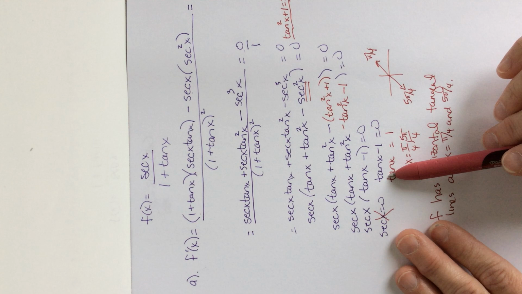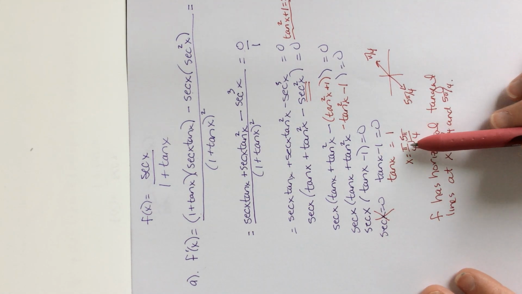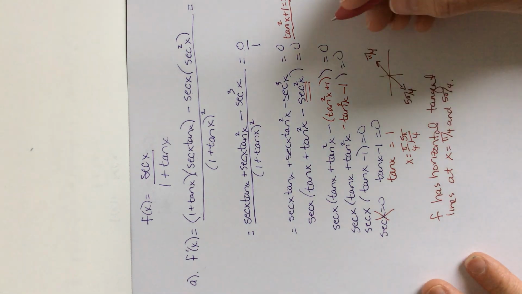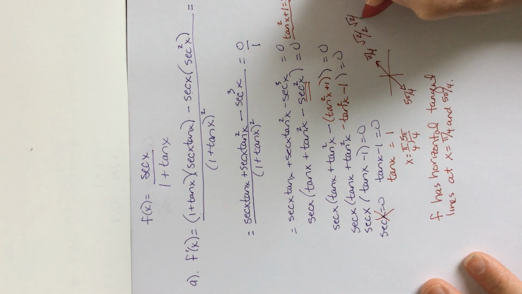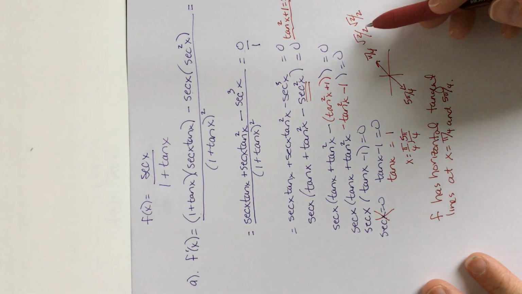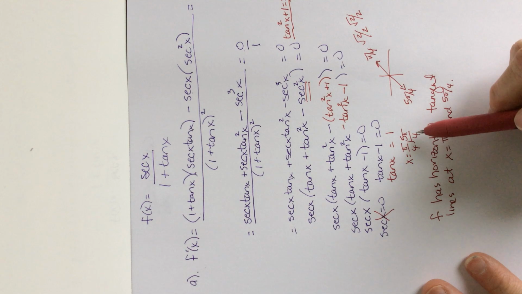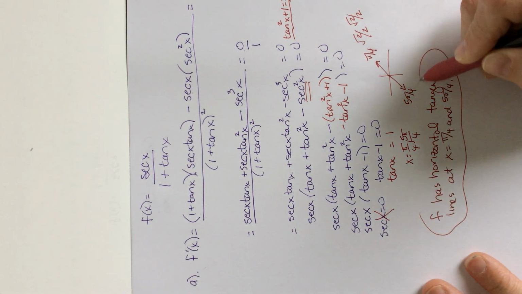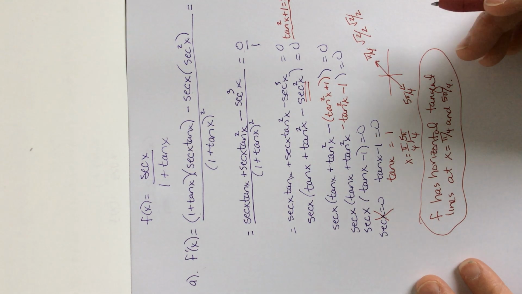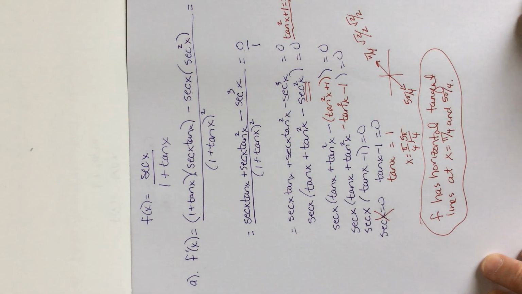And we needed to find where tangent of x minus 1 equals 0, and we found those to be at pi over 4 and 5 pi over 4. Just as a little reminder, the ordered pairs for the pi over 4 angles are square root of 2 over 2, square root of 2 over 2. Therefore, tangent is positive 1. So, f has horizontal tangent lines at x equals pi over 4 and 5 pi over 4. All right, so that one was a little involved.